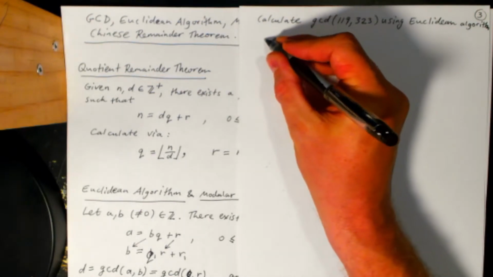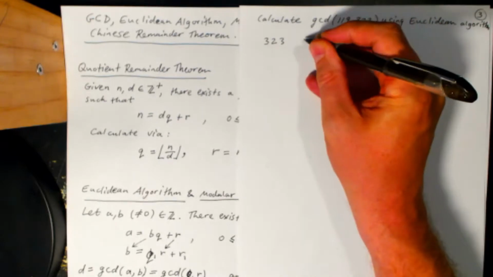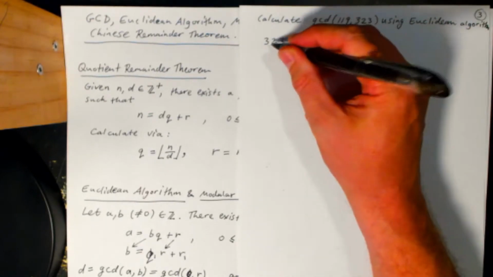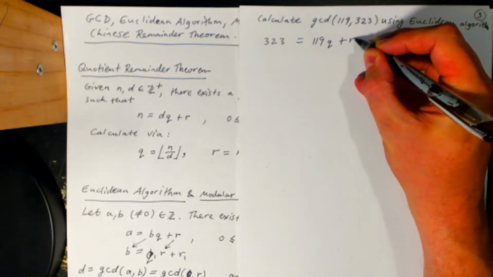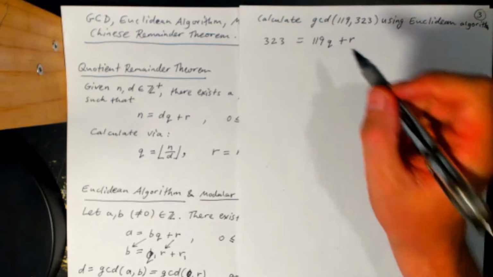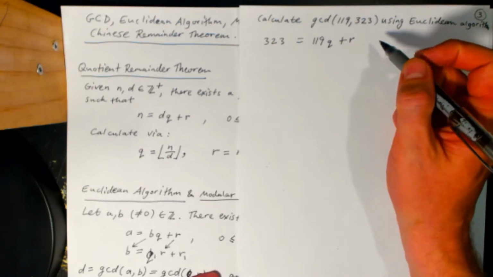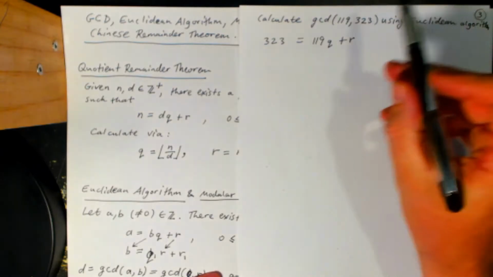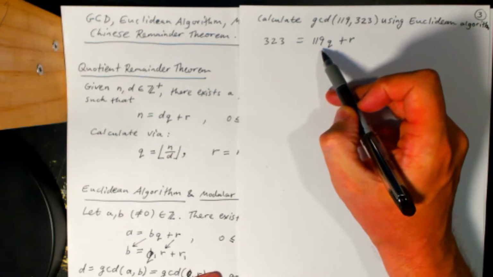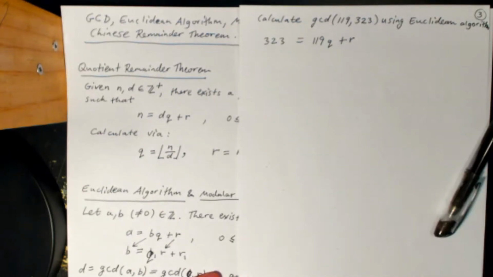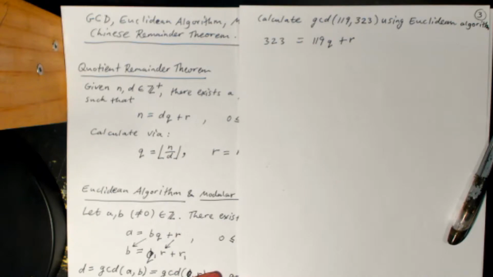All right, so 323 equals 119, we've taken the bigger one there and put it on the left, times q plus r. Okay, we seek a quotient and a remainder. So we divide 323 by 119, and we get 2.714 and so on.